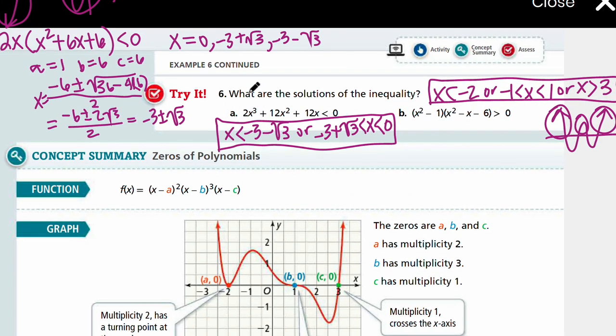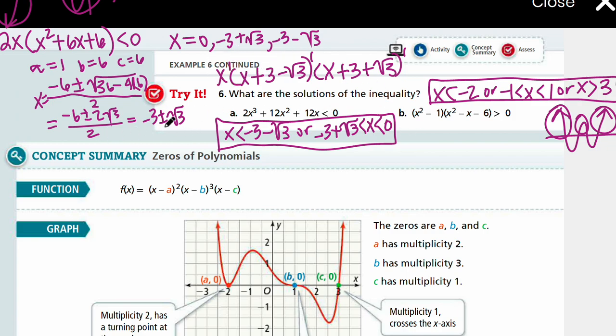So for example, here try number 6, you know that the factors are x, x plus 3 minus root 3, and x plus 3 plus root 3, right? So these are the factors, and we know that they're all going to cross the x-axis because there is only an odd number of multiplicity, so it's going to cross the x-axis.